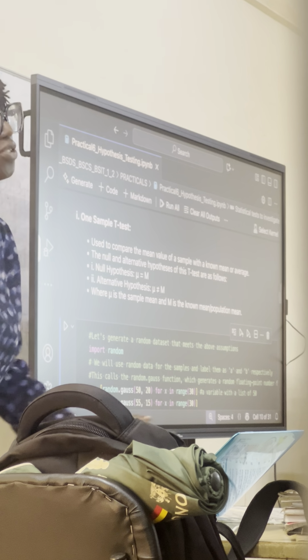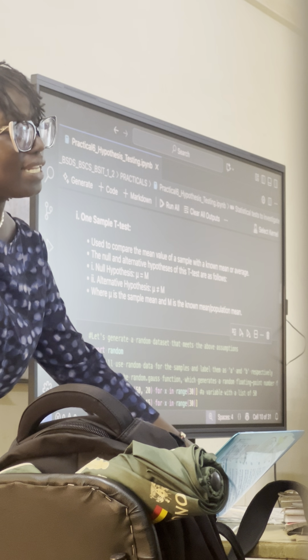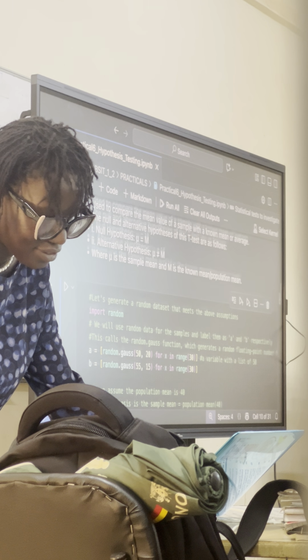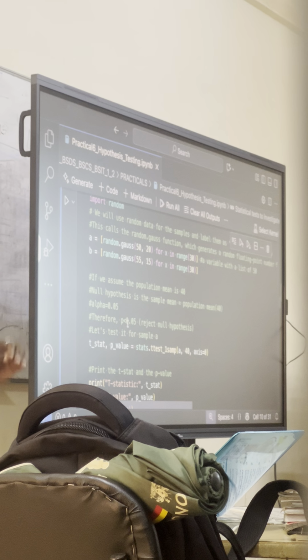If you've set your threshold at 0.05 and you're saying anything less than that, you have to always state it. So anything from 0.04 all the way to 0, you're going to reject the null hypothesis. But if it is greater than 0.05, you're going to accept it. So 0.06, you're going to accept.